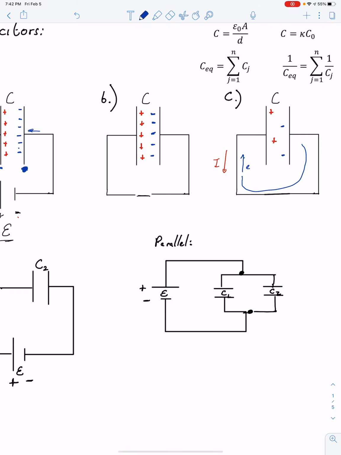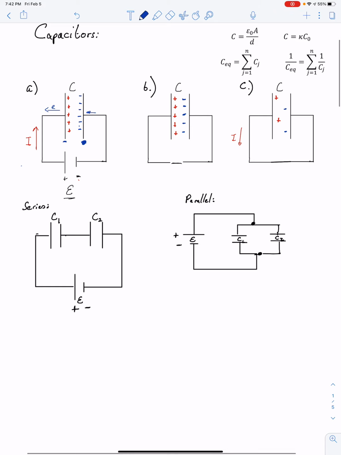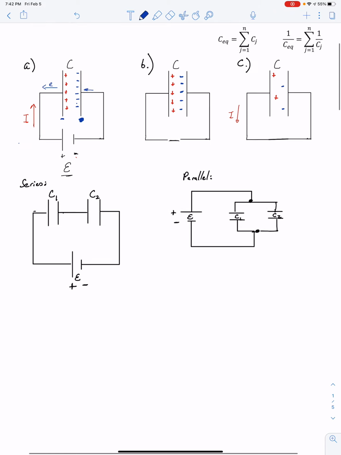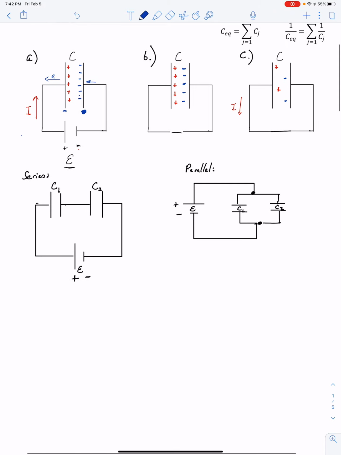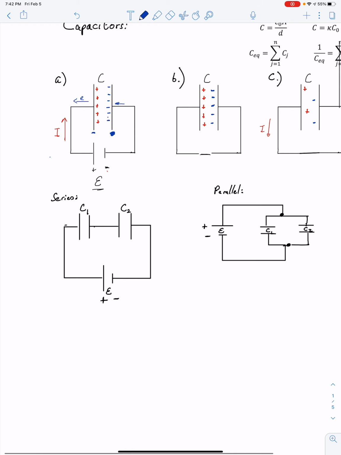And that's how it starts going back to equilibrium. That's how the charge starts decreasing in the capacitor. I say dissipate, but it's actually decreasing. We'll talk a little bit more about those in the graphs below. But let's talk about series and parallel really fast.